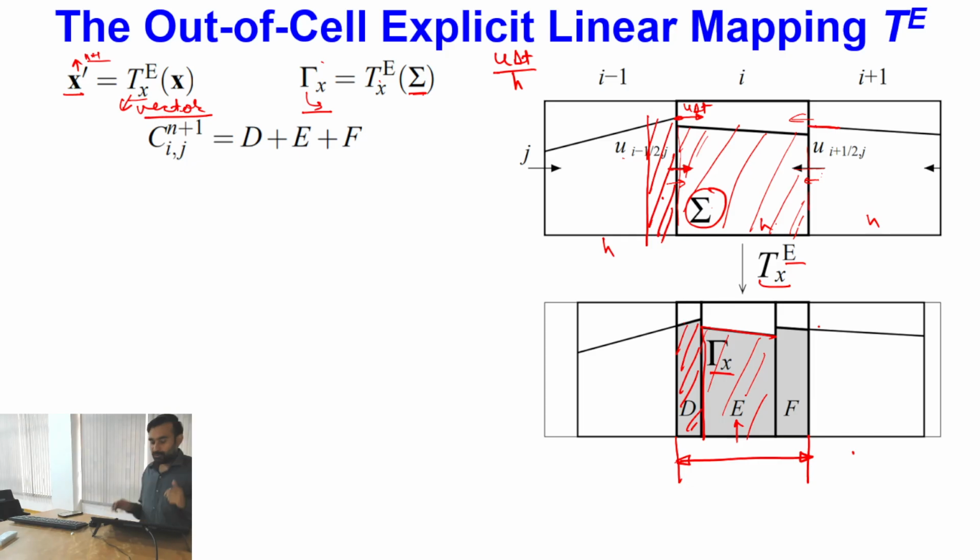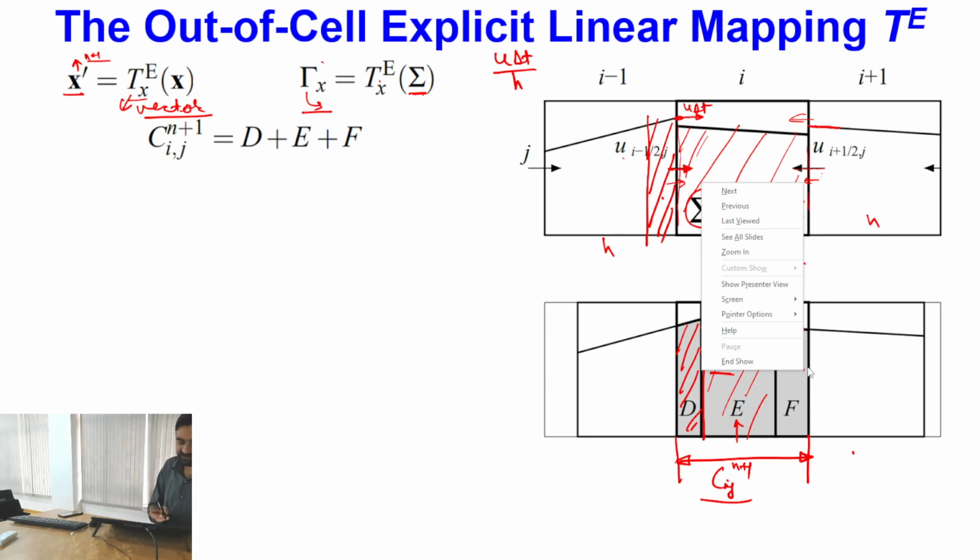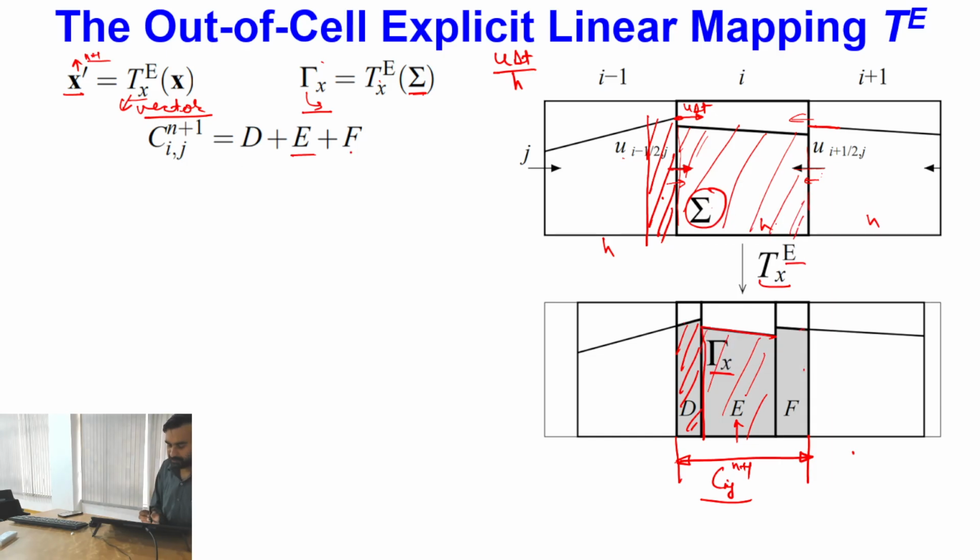Okay. So what will be new volume fraction Cij of this? What will be the new volume fraction of this? New volume fraction of this cell will be this area plus this area plus this area. So new volume fraction of this cell will be Cij n plus 1 is equal to D plus E plus F, where D can simply be obtained from this transformation.